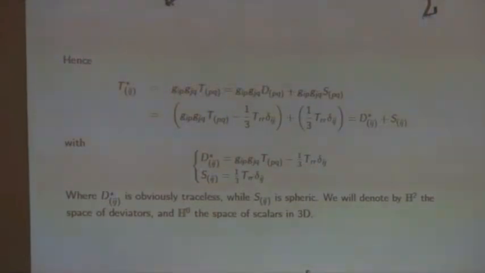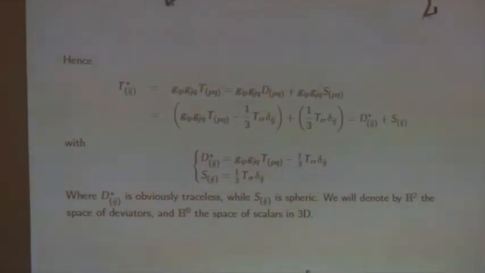My tensor, once transformed, can still be decomposed into a deviatoric part called this time D star, and a spherical part called S. And this spherical part remains identical as in the first case. So what can be concluded from this example is that if I take elements in my vector space, I will have some elements that will not transform, while other elements will be transformed in a different way.